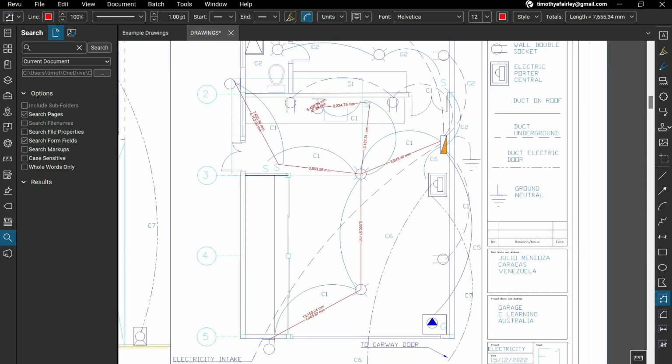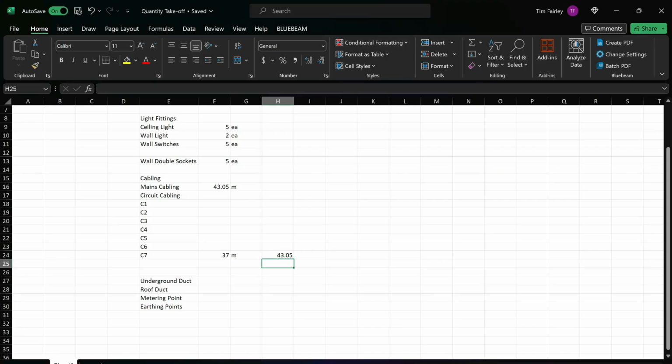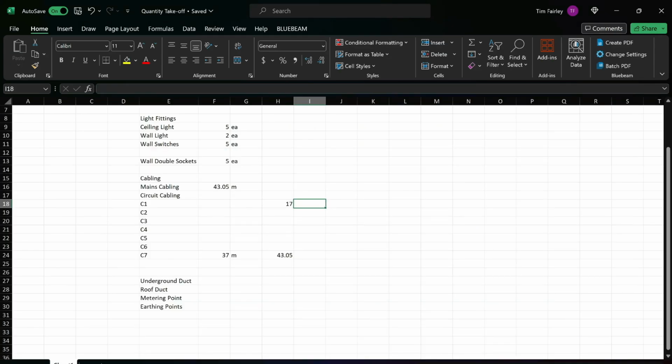So for C1, that gives us a total length of 13 plus 7.5 plus 5.5.